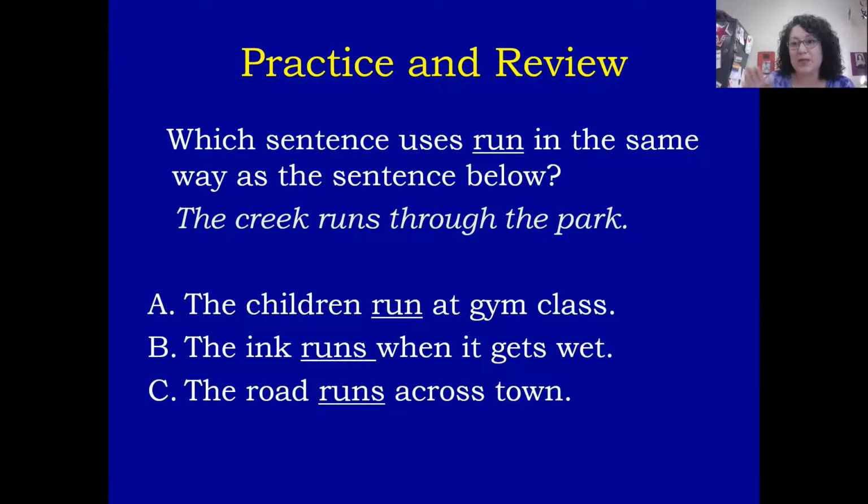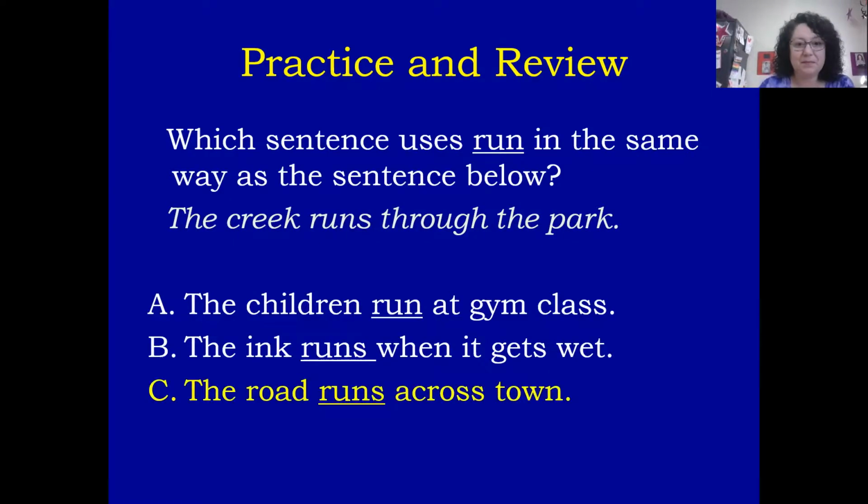It runs through the park, so it moves through the park. The children run at gym class? No, because the creek is not running. The ink runs when it gets wet. Okay, is it dripping? No. The road runs across town. It goes across town. Okay.